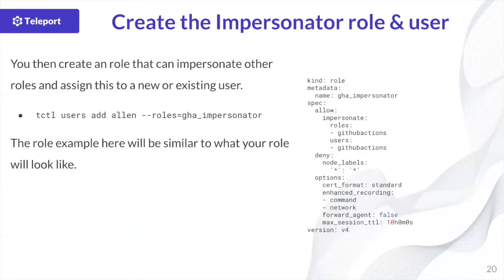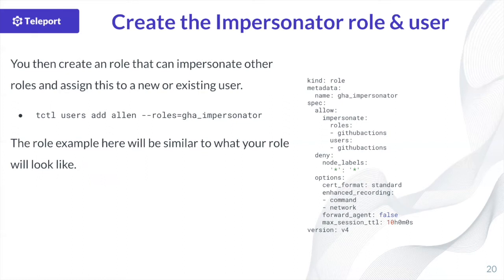The next thing after we get that done is we're going to create the impersonator role and user. My example is using, again, that T-Control application, adding a user named Alan. So I created a user called myself, and I created a role. I assigned that impersonator role to my user. On the right here, you can see a little bit what this role looks like.